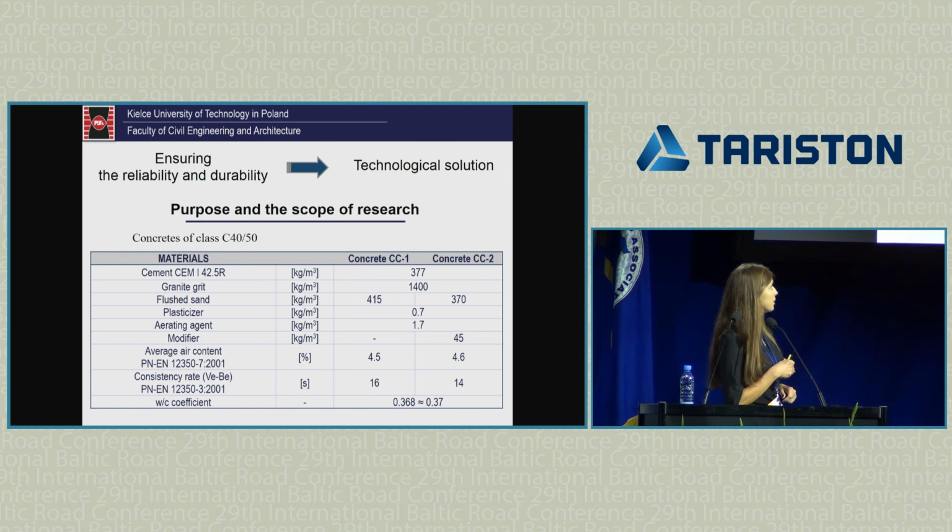The parameters and materials which were used for the components of the concrete, CC1 for the standard components and CC2, are presented in the table. Two sets of cement concrete, CC1 and CC2, were analyzed. The material composition of the mixtures is presented in the table, and the composition of CC2 concrete included one more material than concrete CC1. That is a modifier.